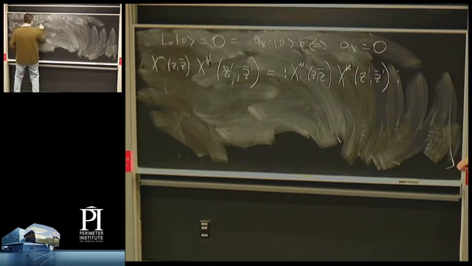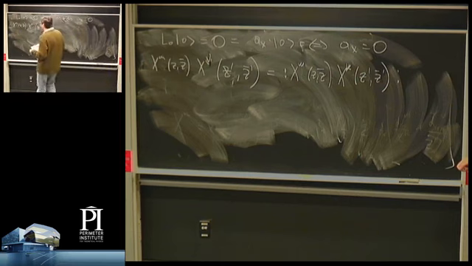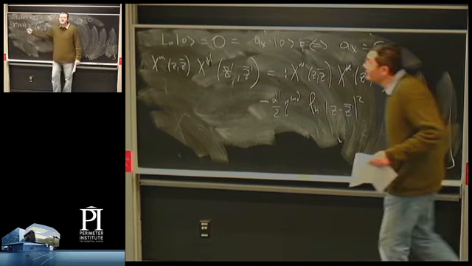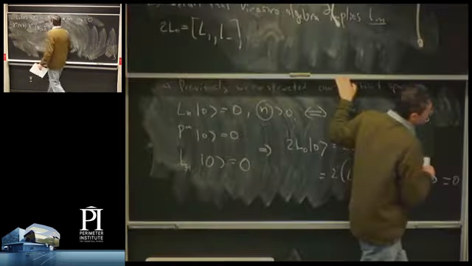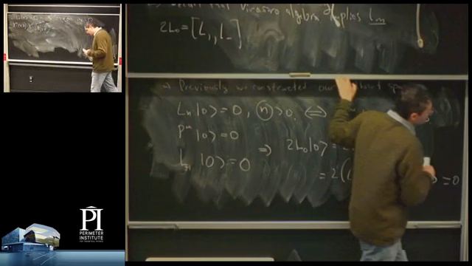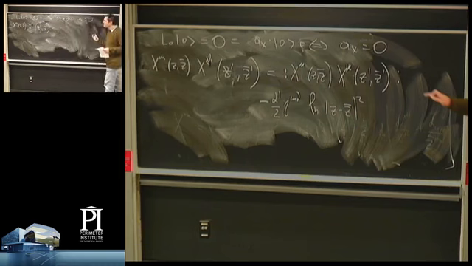CFT. So I have my X fields, right? And so what we can do now is see what's the difference between two ways to do normal ordering by simply evaluating. What we discussed before was the normal ordering in which we subtracted the singular part, right?